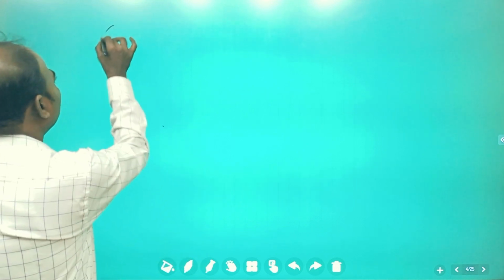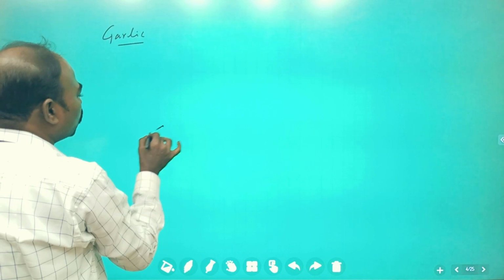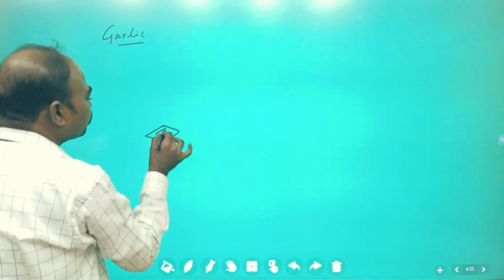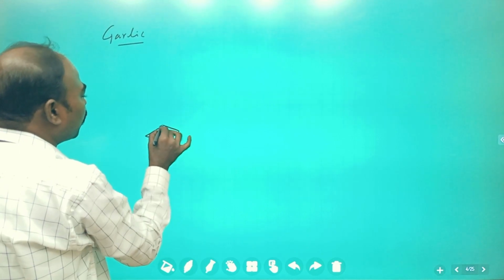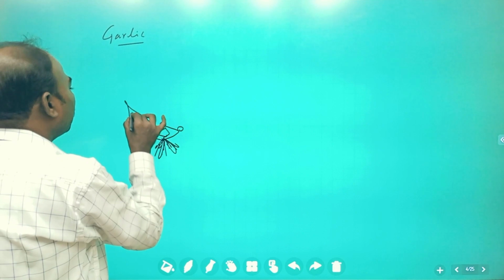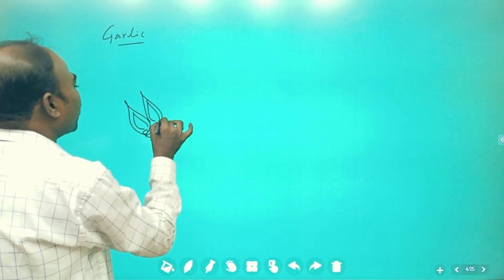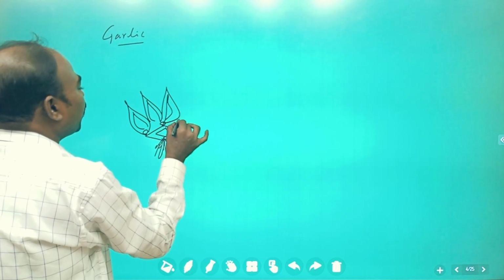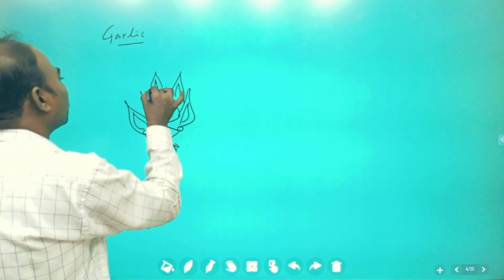Whenever you see garlic as an underground bulb, here also a discoid stem is there, and adventitious roots are found, and apical and axillary buds are found. But the scale leaves are not in a concentric manner and are arranged individually. So individual scale leaves are developed.